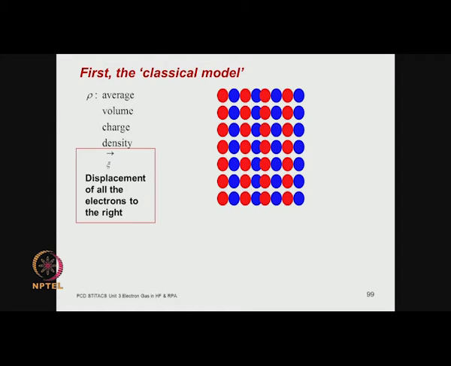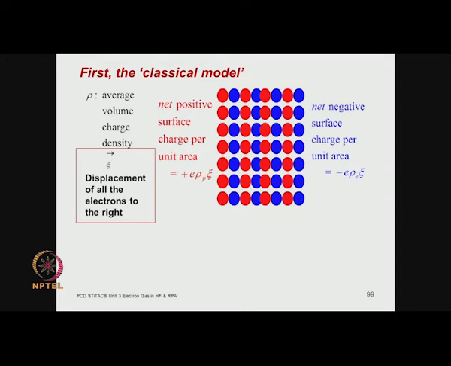That gives you a negative surface charge density of e rho times xi on the right, where xi is the displacement, and on the left-hand side there is a surface charge density which is plus e rho xi. So, these are equal and opposite surface charge densities.